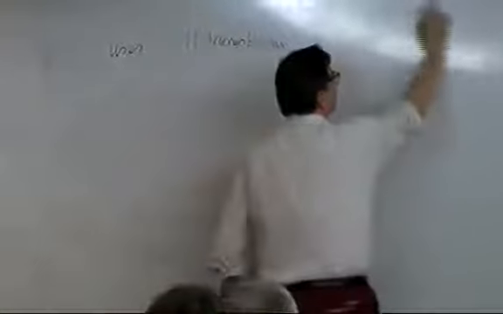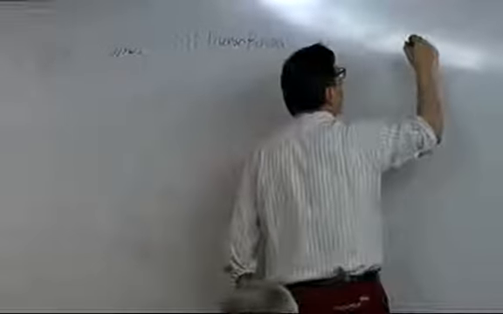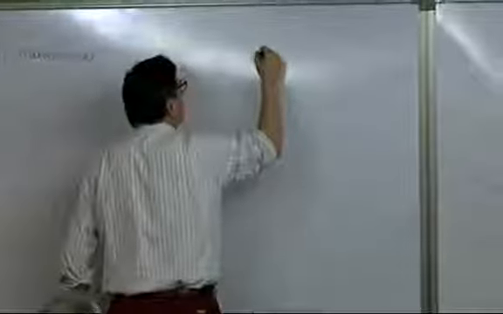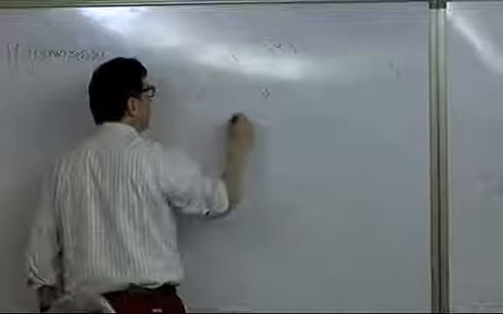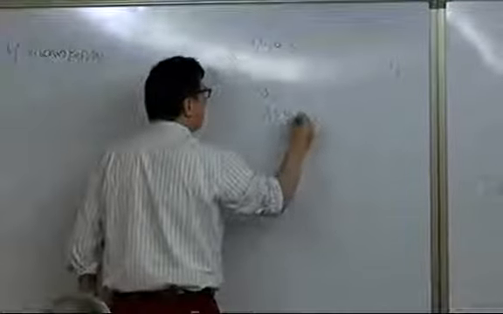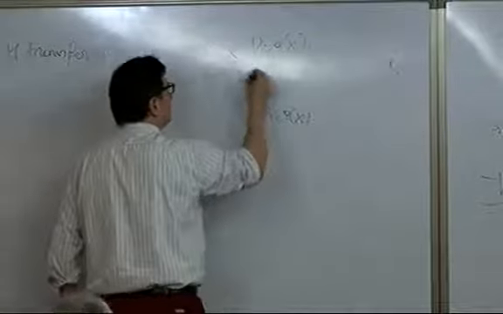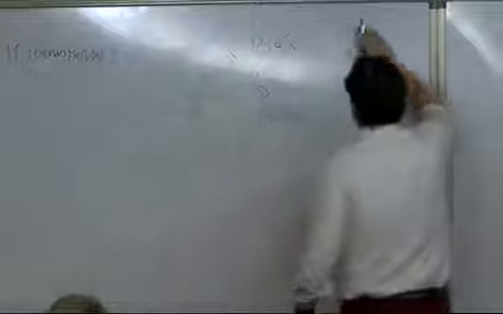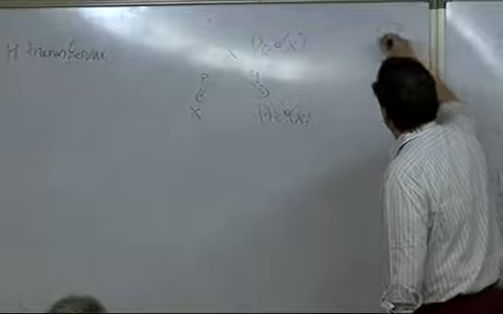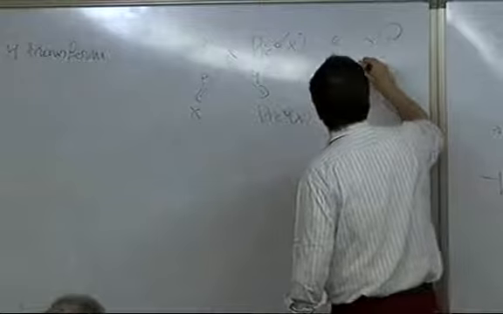We have here the abelian variety X, the dual abelian variety, and the two projections. This is the classical Fourier-Mukai transform, which is made with the Poincaré line bundle on the product.